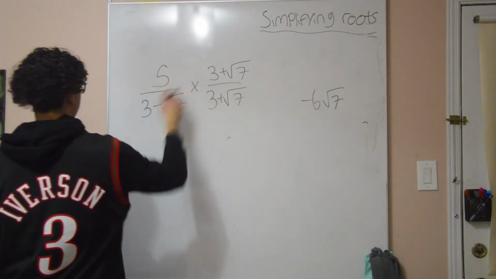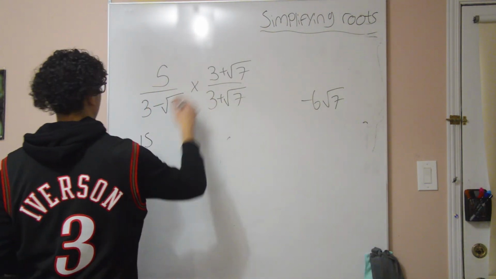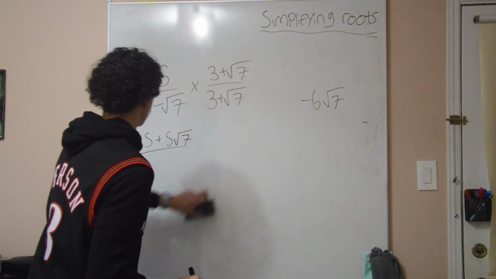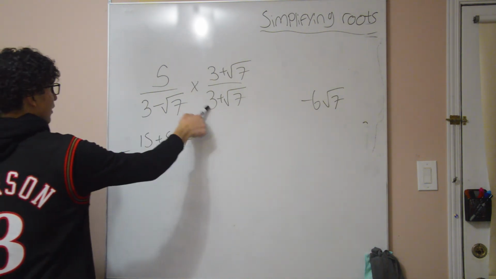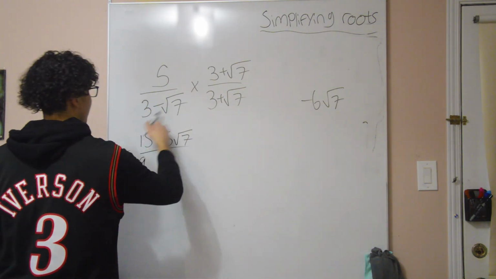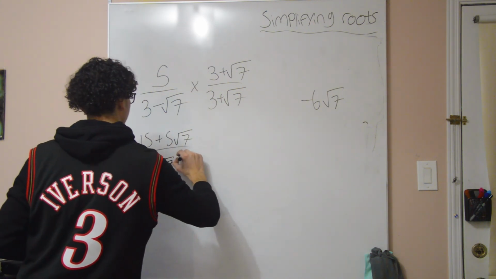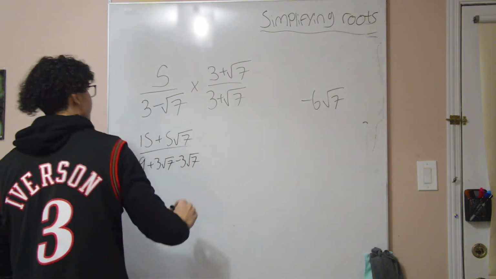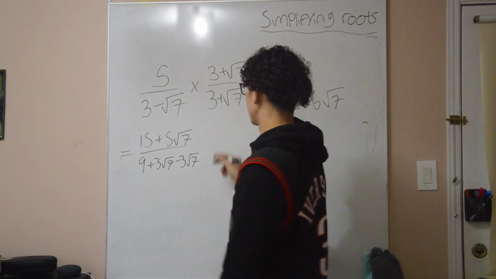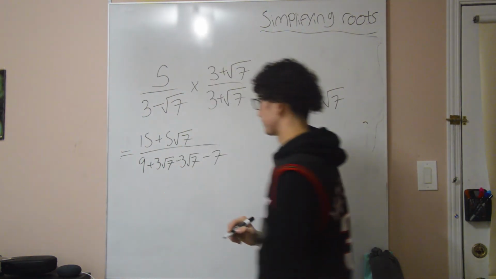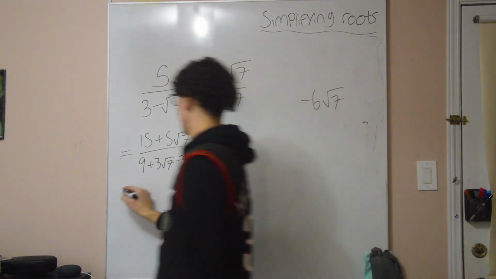So this becomes 5 times 3 is 15, 5 times root 7, so 15 plus 5 root 7. And it's being divided by, well, 3 times 3 becomes 9, 3 times positive root 7, and then 3 times negative root 7. And then negative root 7 times positive root 7 gives us negative 7, just like that.